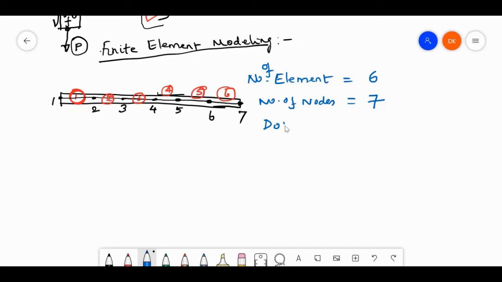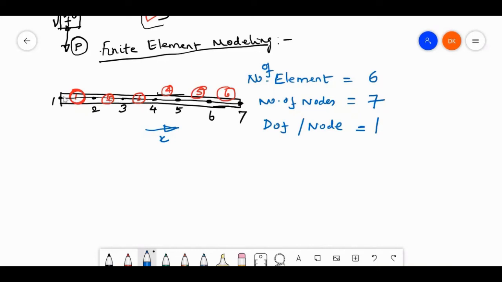So the degrees of freedom per node, how many? Each node has only 1 degree of freedom, because this is a bar element, it will take only the axial load in the x direction. So in node number 1, I have only one displacement in the x direction.